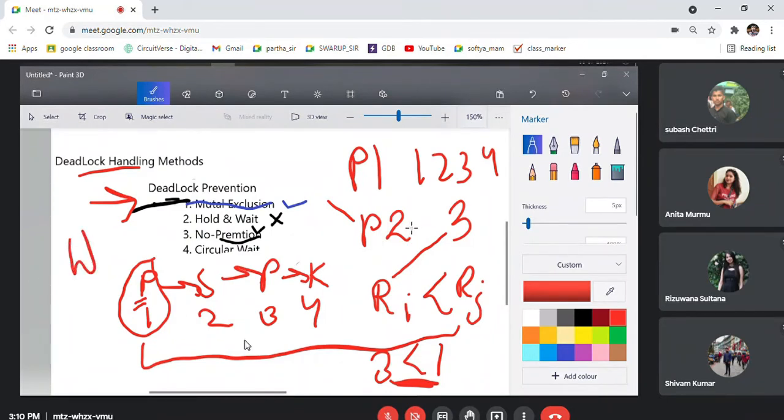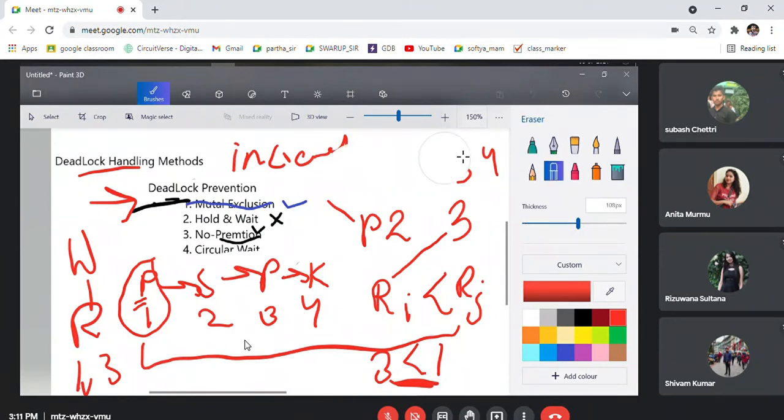When it enters the waiting state, you do preemption, so it will release all the resources. Now we know that it needs 1 and 3. So next time when it enters the running state, only then give it 1 and 3. So assign the resources in incremental order. The solution that it brings is this.